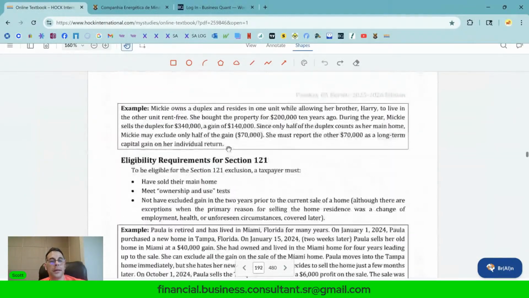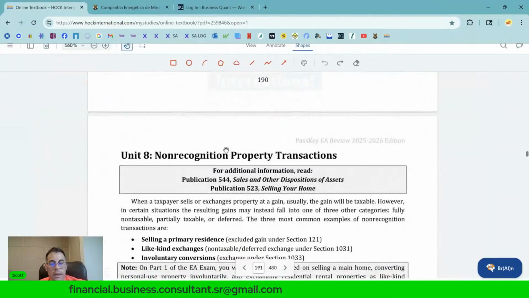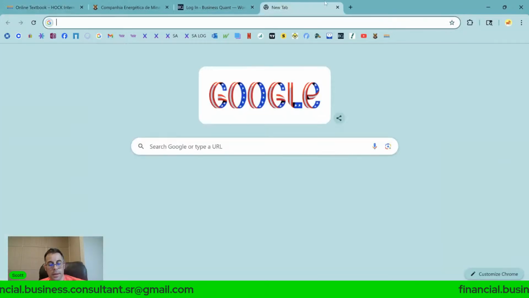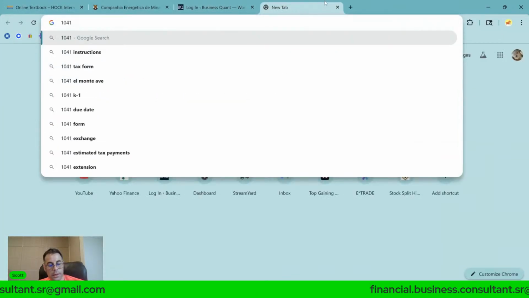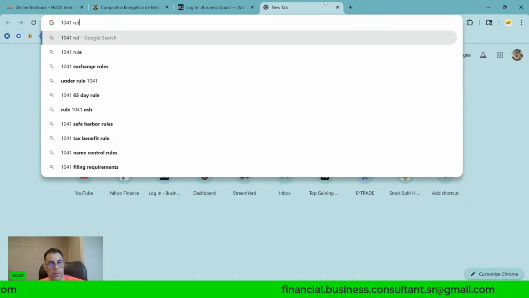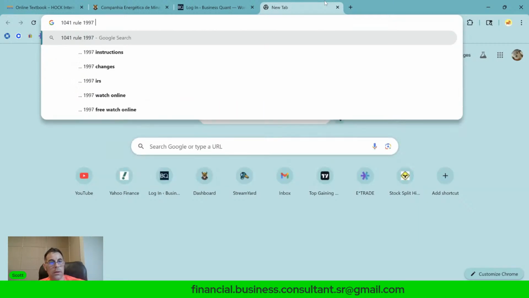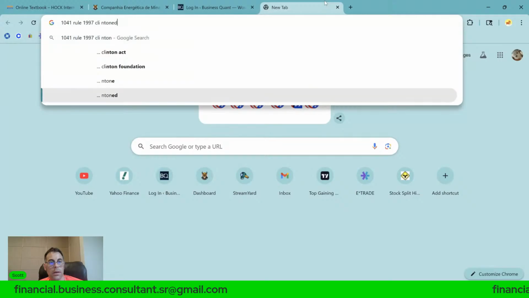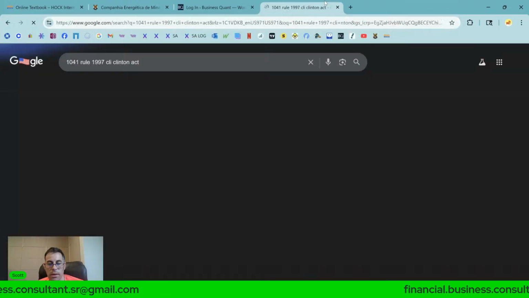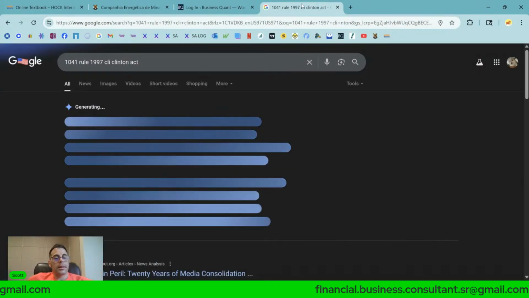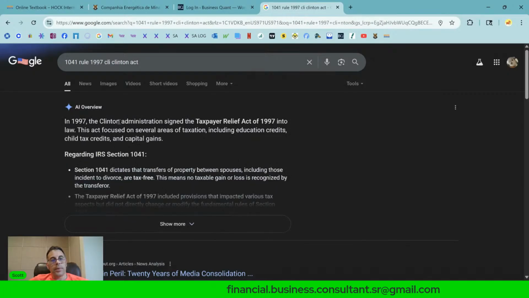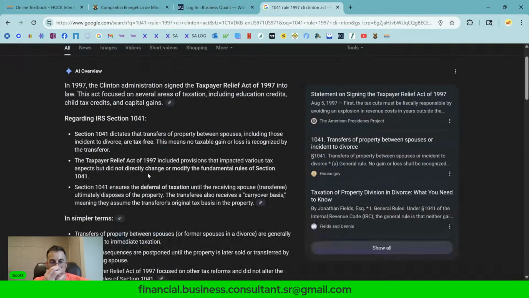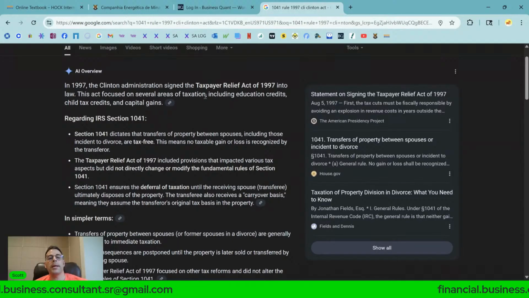1041. In 97, Bill Clinton passed the Taxpayer Relief Act.